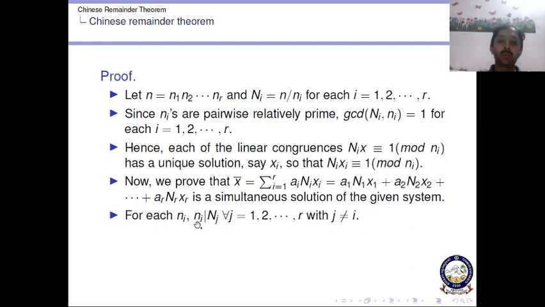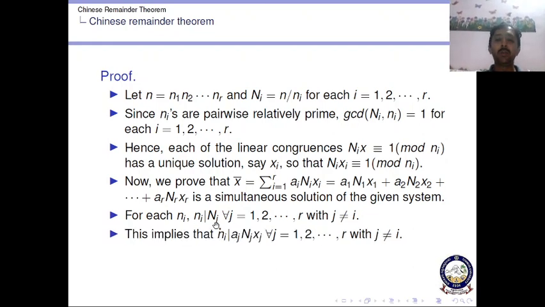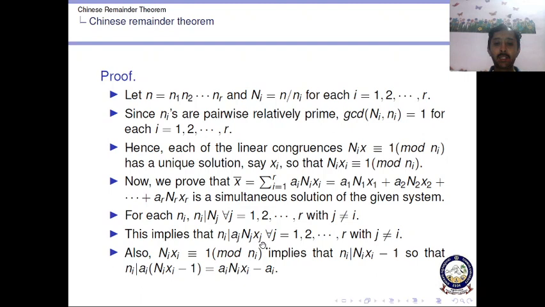So, small ni divides capital Nj, which means that small ni divides Aj capital Nj xj. And that implies that, again, capital Ni xi is congruent to 1 mod ni, implies that small ni divides capital Ni xi minus 1, so that ni also divides Ai into capital Ni xi minus 1, which is Ai Ni xi minus Ai.